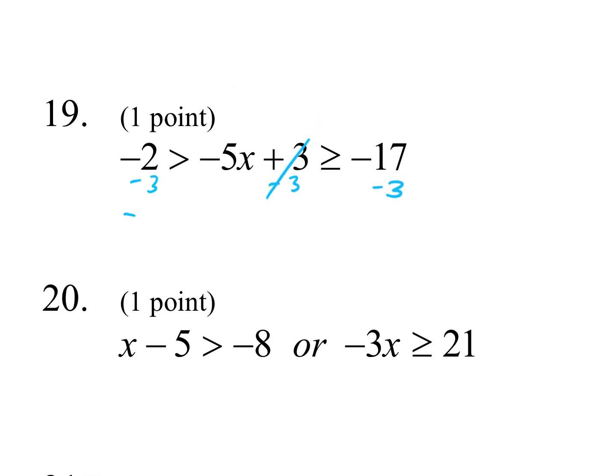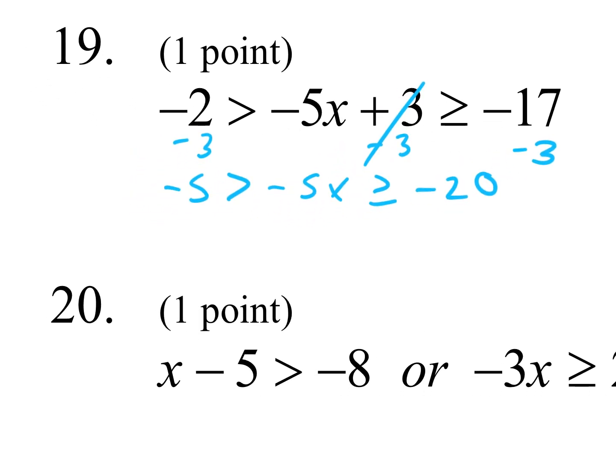So this would be negative 5 is greater than negative 5x, which is greater than or equal to negative 20. Now what would I do next? So I divide everything by negative 5 because we're trying to isolate that variable. It just so happens that it's like 2 equations in one, so we have to do it to everything.